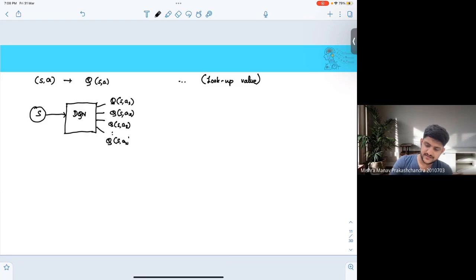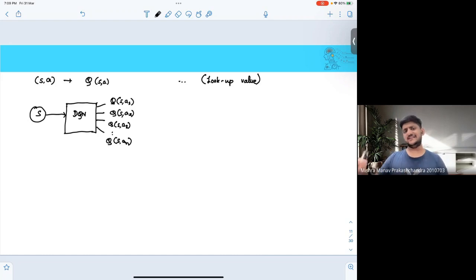Small n, so if from a particular state I can take n separate actions, my DQN gives me the corresponding Q value estimate for that particular state in picture.